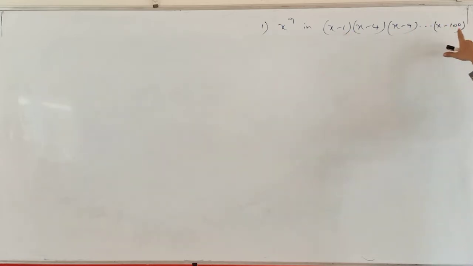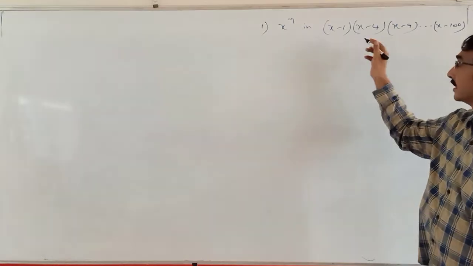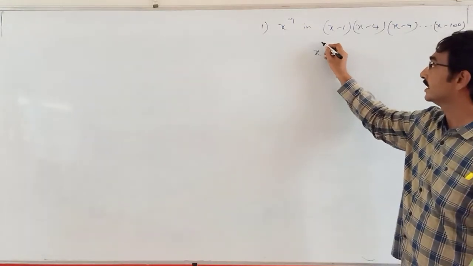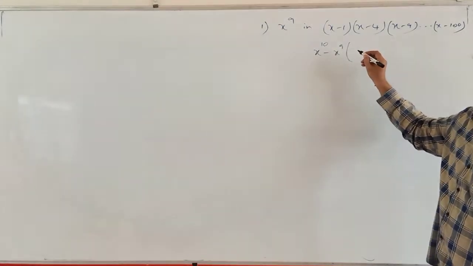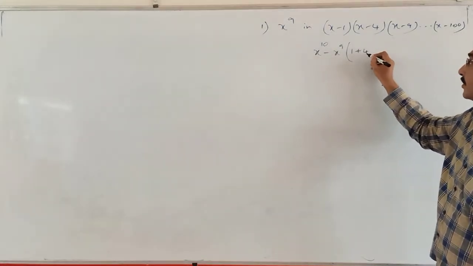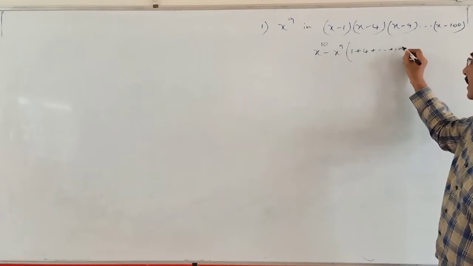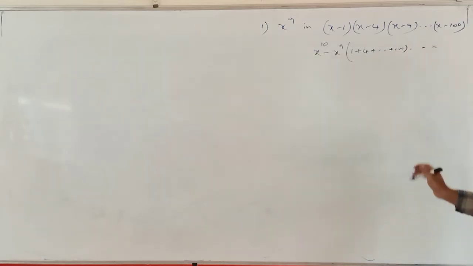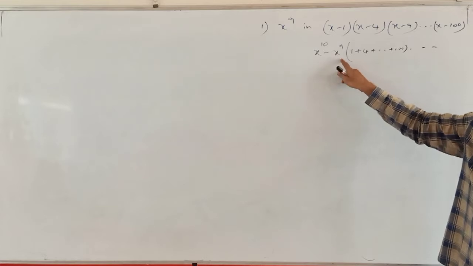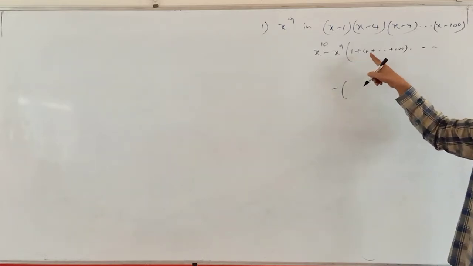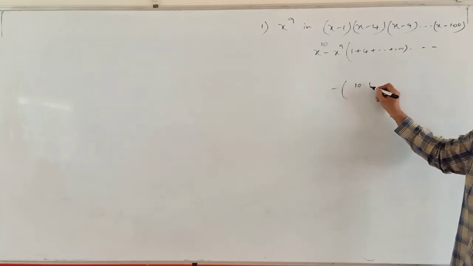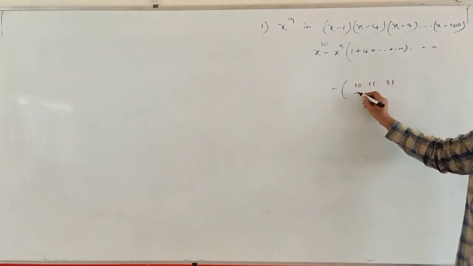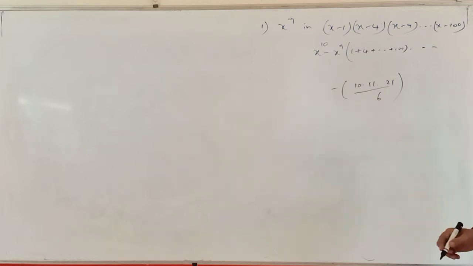So 1 square to 10 square means the number of terms is 10. By simplifying, this is x power 10 minus x power 9 whose coefficient is clearly 1 plus 4 plus and so on 100. Next, no need. Now required is the coefficient of x power 9, which equals minus of (1 square plus 2 square plus and so on plus 10 square), with the formula n into (n plus 1) into (2n plus 1) by 6. Okay.